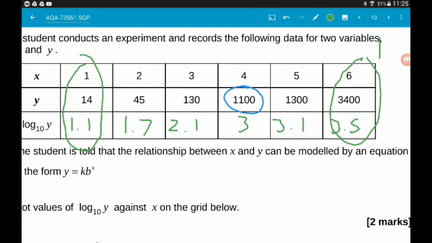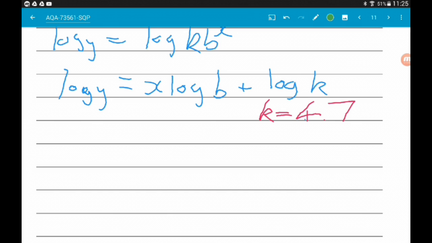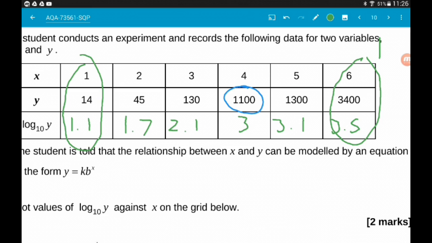So we're going to do log b is equal to 3.5, that's the log value at x equals 6, minus the log value at x equals 1, which is 1.1.